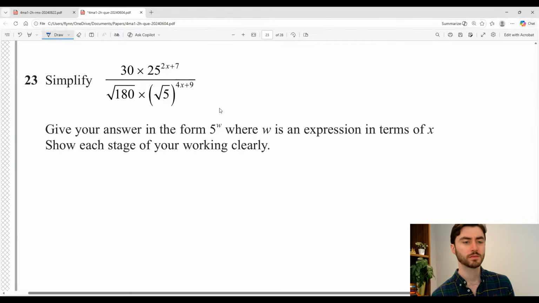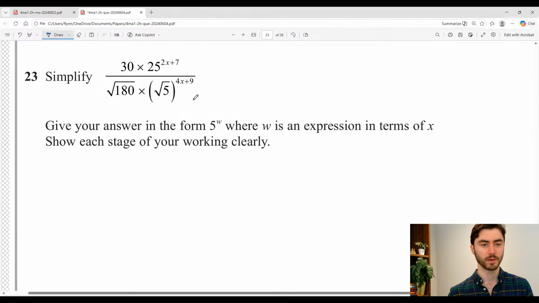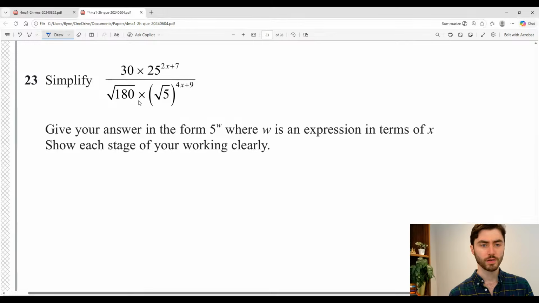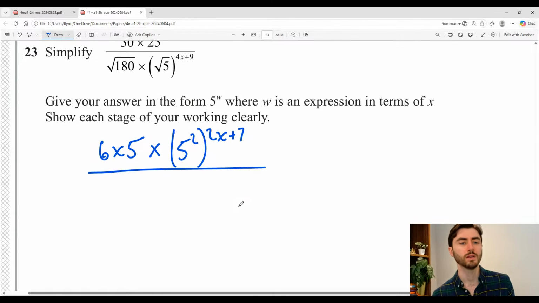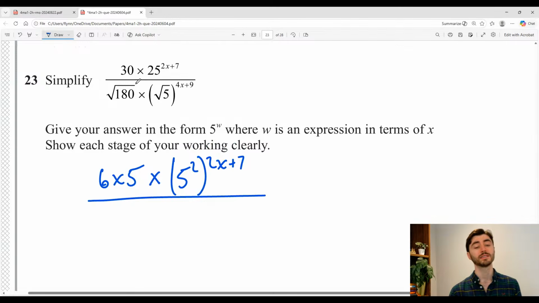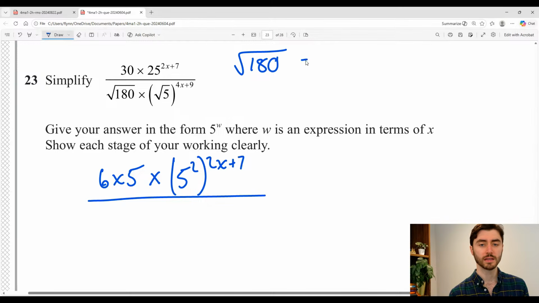Right, let's pick off chunks of this one by one. So 30 I can write as 6 times 5. 25 I can write in terms of 5 as being 5 squared to the 2x plus 7. Now down here, root 180. I know I can simplify that surd because root 180 is the root of 9 times 20.